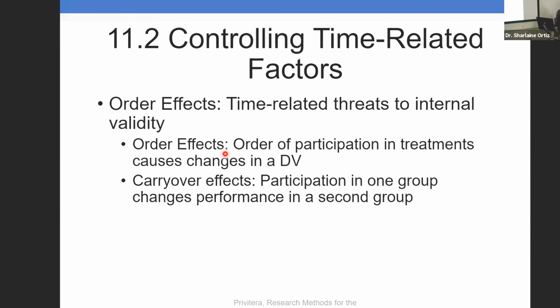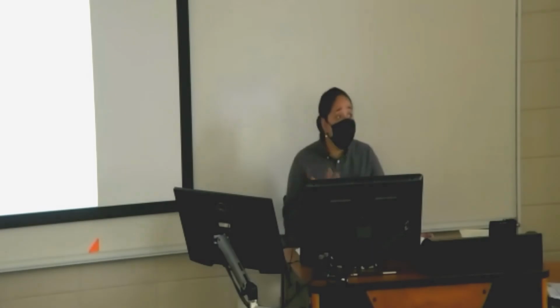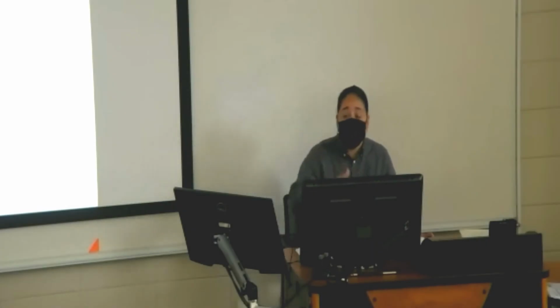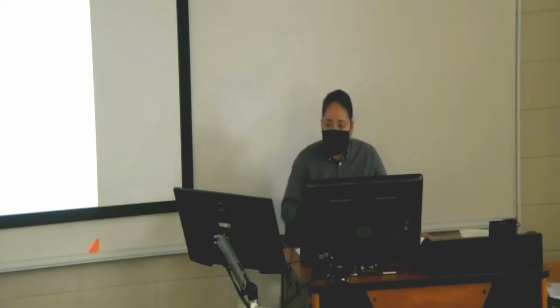Notice that in order effects, what causes the changes in the dependent variable is not the treatment. What caused the changes in the dependent variable was the order of your participation. And this is immensely significant because if I present something to you in a different order, it may affect the score, that measurement, that assessment of the dependent variable.